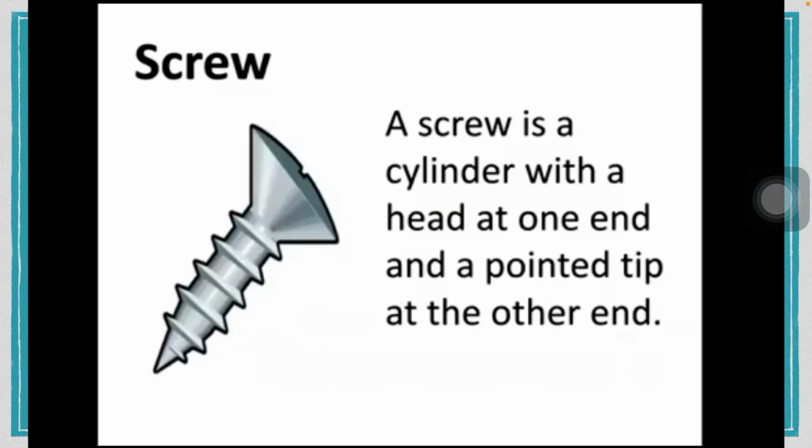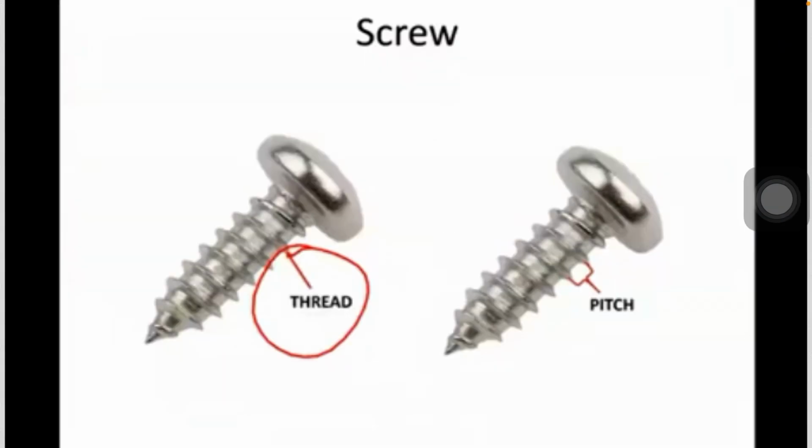Now the next machine is the screw. A screw is a cylinder with a head at one end and a pointed tip at the other end. Students, the threads on a screw are made in the same way. That is why when a screw is fitted in wood, it goes in as if it is going down an inclined plane.